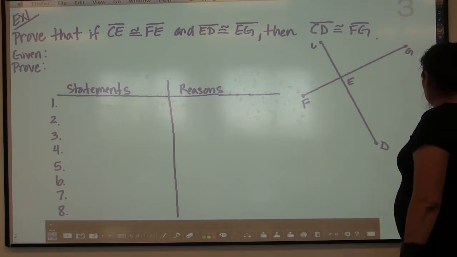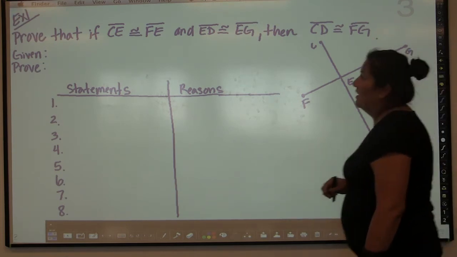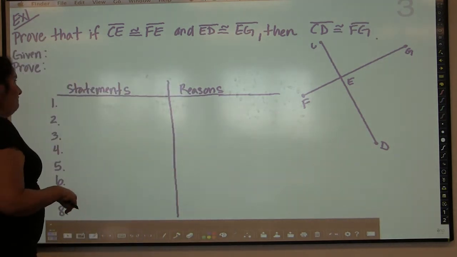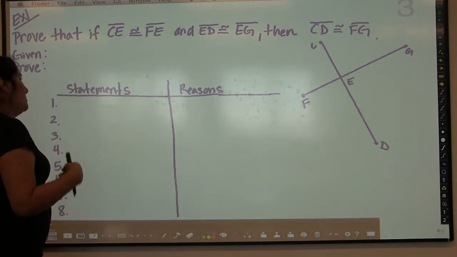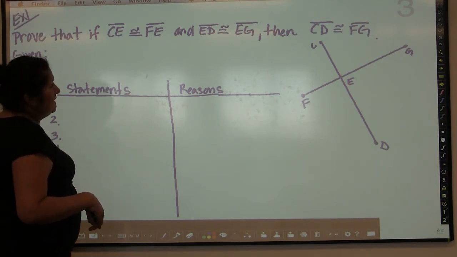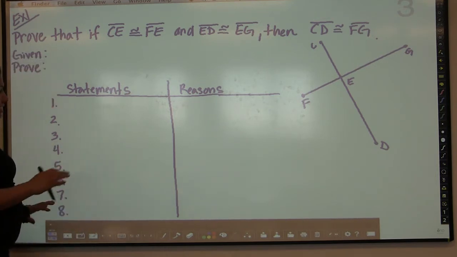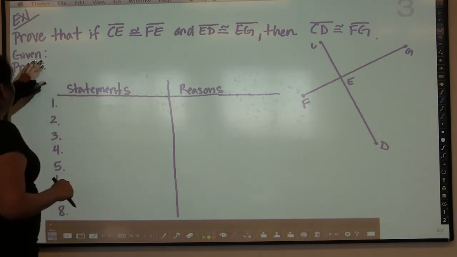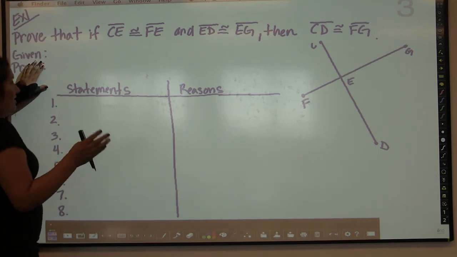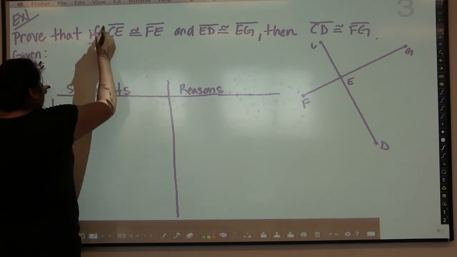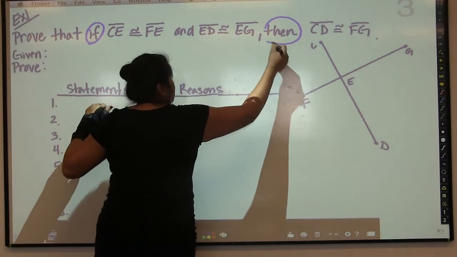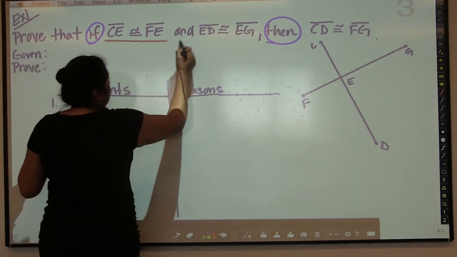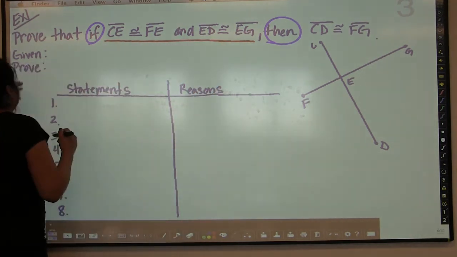So here we go. We have an example here. It says, prove that if CE is congruent to FE and ED is congruent to EG, then CD equals FG. I want to make sure that with the proofs, I go through all the steps with you. Remember that the given is always the hypothesis of an if-then statement. So we have an if and we have a then, and my hypothesis is this part. So that's basically what goes in the given.